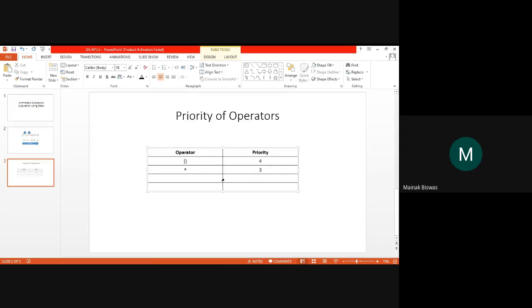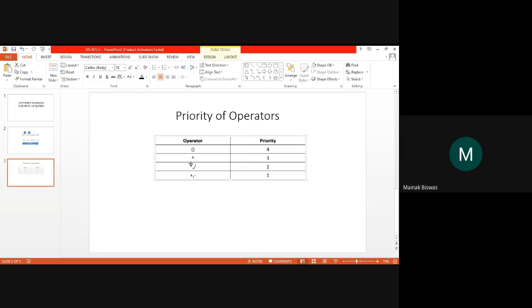So we are fixing the priorities of all operators, right? Then comes the multiplication and the division part. So its priority is 2. And then there is the addition and then there is the subtraction, which has the lowest priority, that is 1. So this thing is now fixed.